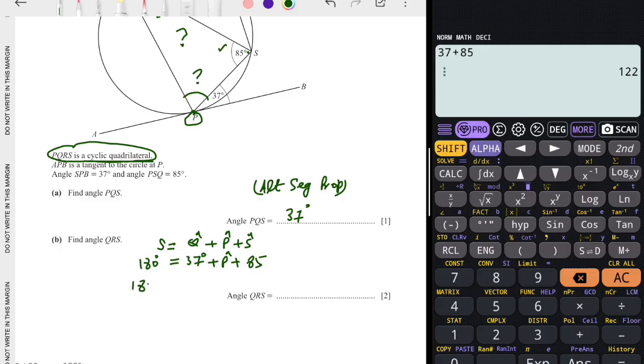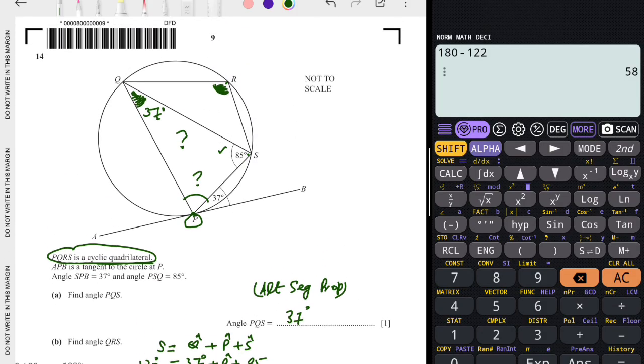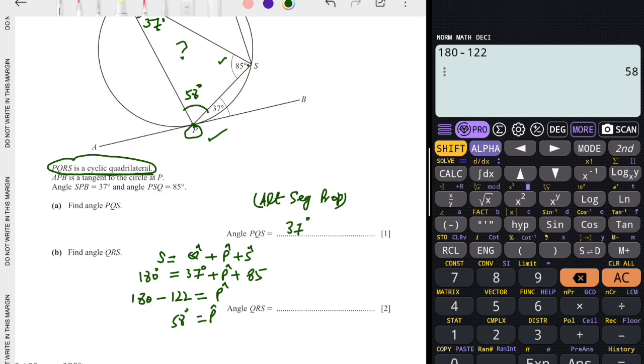So 180 minus 122 is equal to angle P. 180 minus 122 would be 58 degree. Now we can easily find out angle R. This is 58.